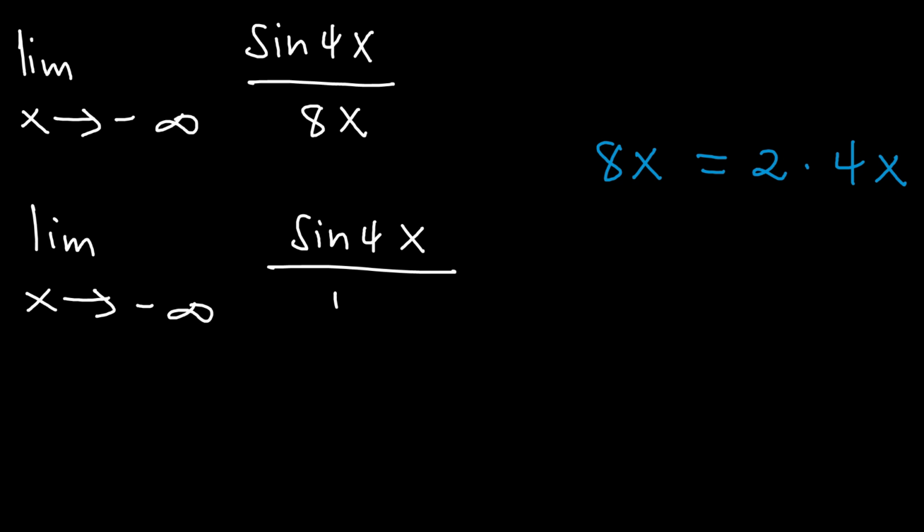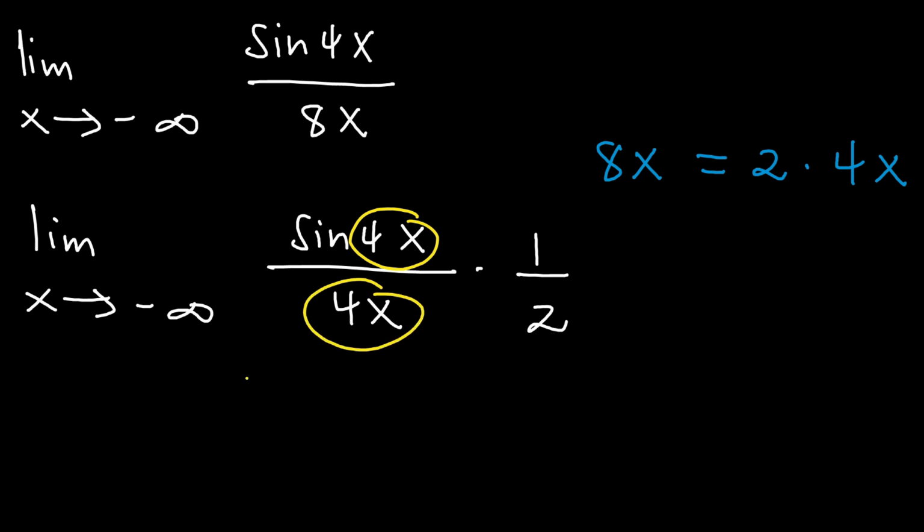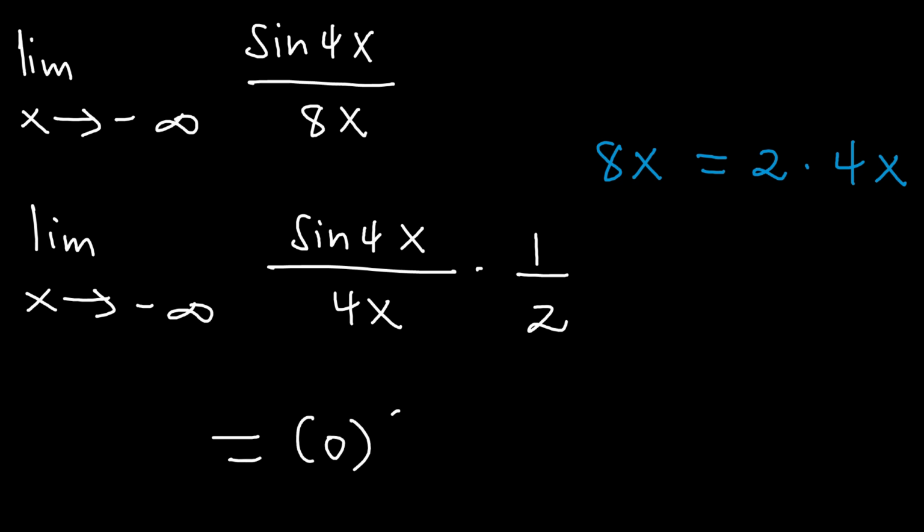Therefore, this will be 4x and then times 1 divided by 2. And since this is the same as this, this part will be equal to 0. So this will give us 0 times 1 divided by 2, which is also equal to 0.